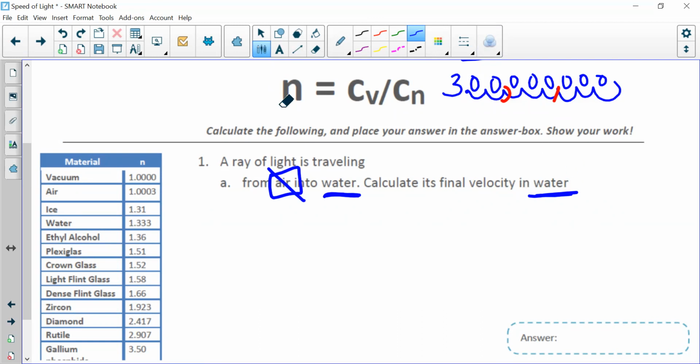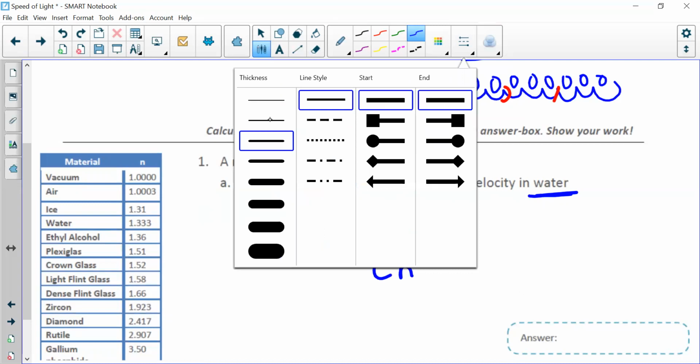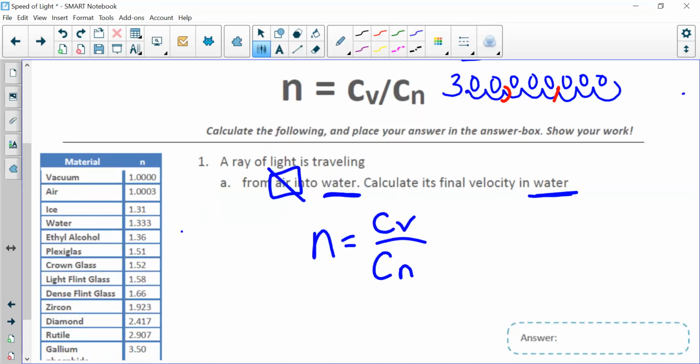The way that you do this is you're going to figure out what information is given to you and what information you are solving for. N stands for the optical density. What's the optical density of water? 1.333. Very good.